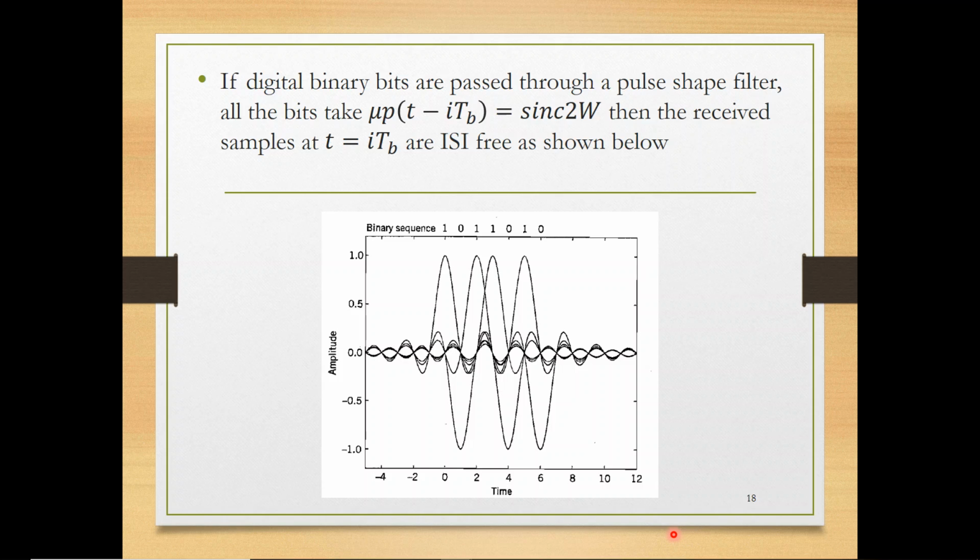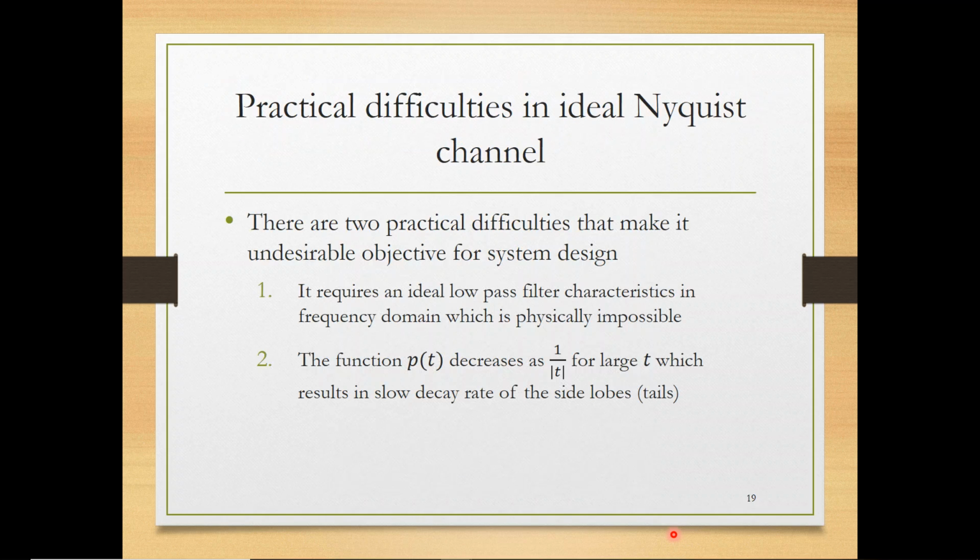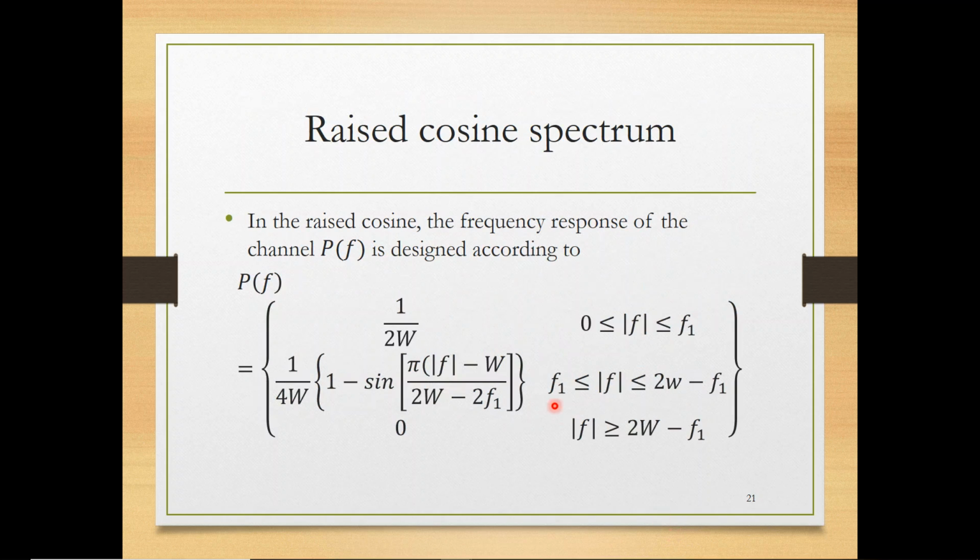After F1, I use another function that decays fast, not sharp, but with a slope. So this is the function that decays with a slope, and this is the normal rect. Before frequency equal F1, it's the normal rect, but after F1 till W, it's with slope. The curve decays, and after that, 0.